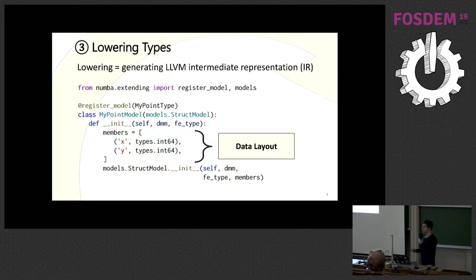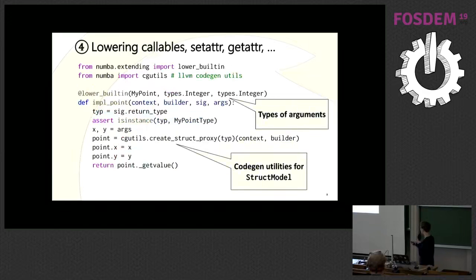So this is telling Numba, okay, I have here a data structure with this data layout. As you also see, this is a list because the order is important. And then this information can then be used when you're going to actually lower the implementation of your callables. So as we had before, we had our myPoint constructor, which takes 2 arguments.